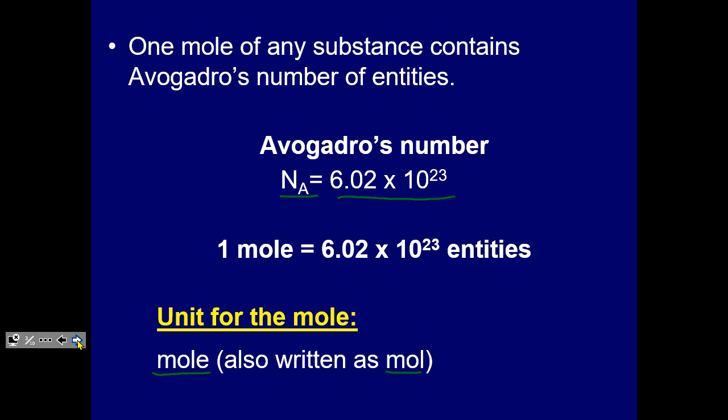So let's learn how to make calculations with this. Well, we're going to create a formula eventually, but first let's talk about something that we already know. Let's say, and you can write this down, that we define 1 dozen as 12 things. Let's say eggs, all right?